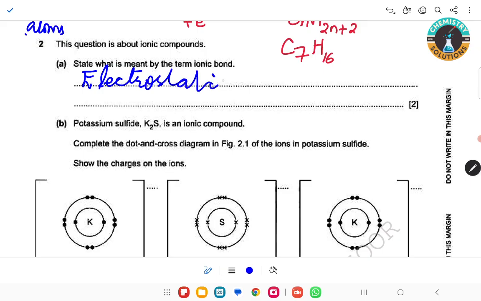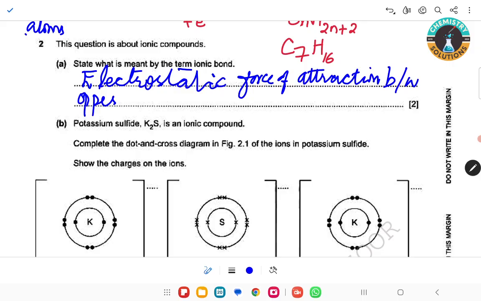Electrostatic force of attraction between oppositely charged ions.